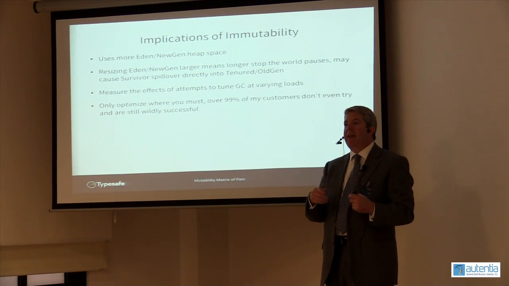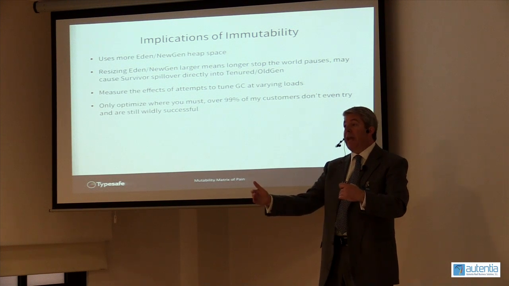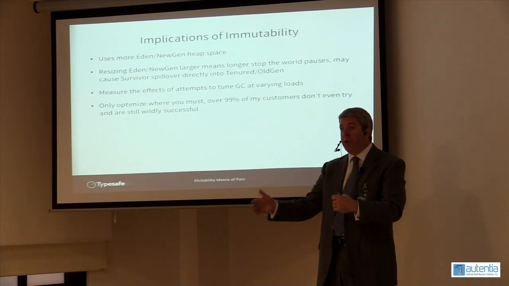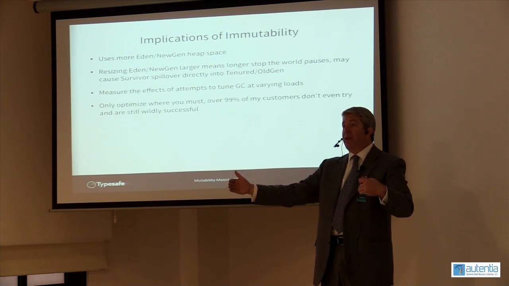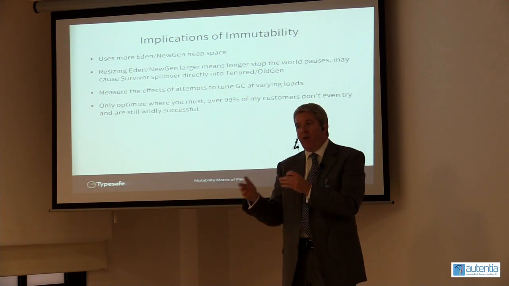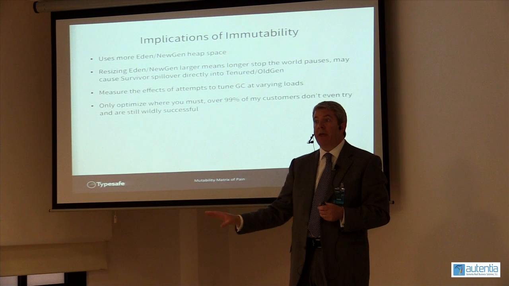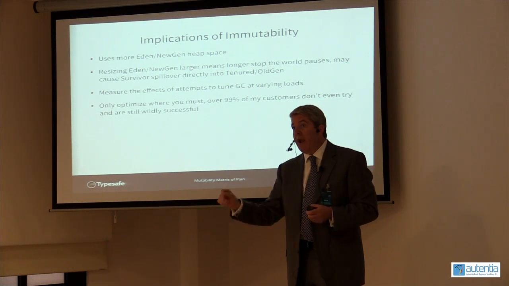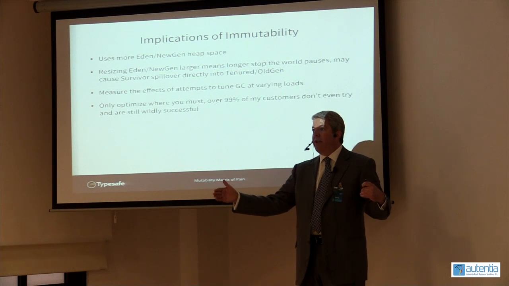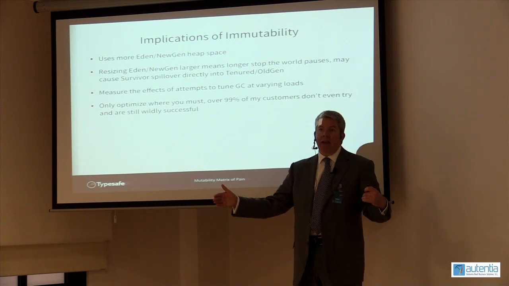It's the one place where I can't choose what collector I'm going to use, and every collection is going to be stop the world, and will now take longer. Because I can't use CMS, or concurrent mark sweep, or G1 in new gen. You can't do that. It's not even parallel. So every collection of new gen is stop the world, and now you're telling it to take longer. That's kind of a bad thing.